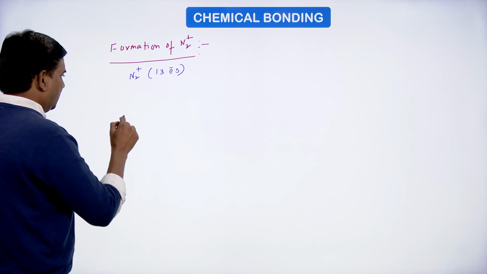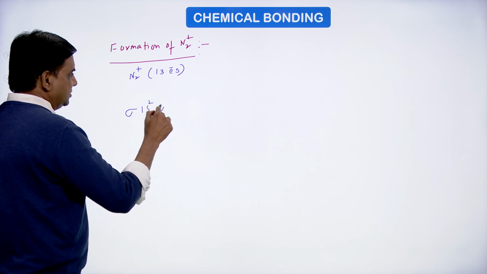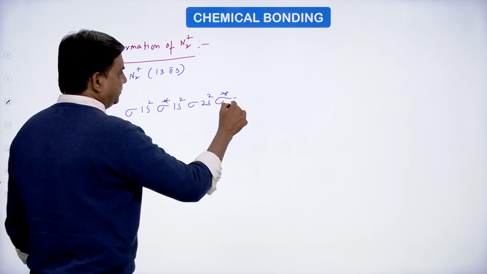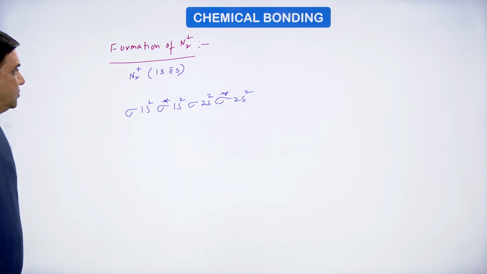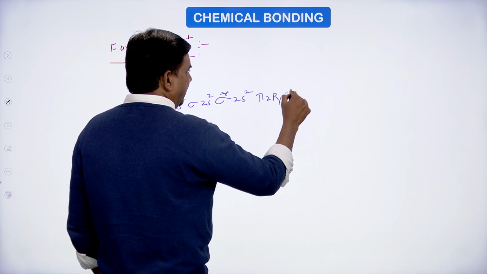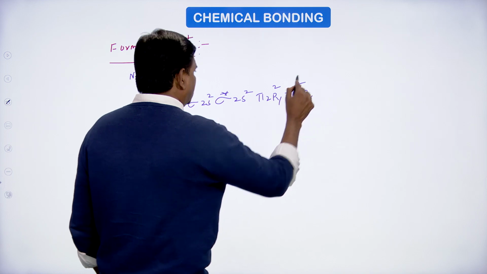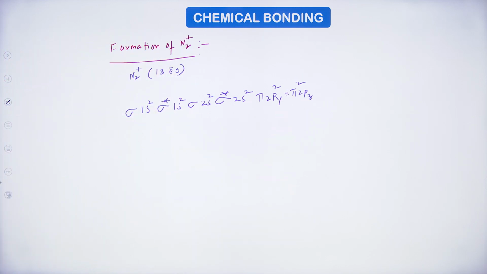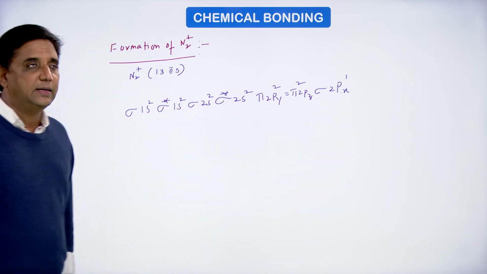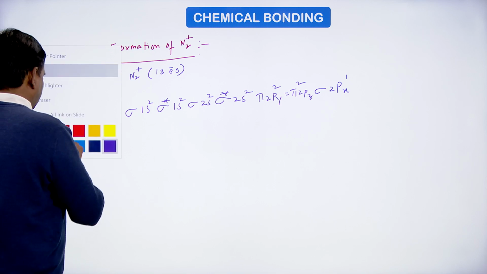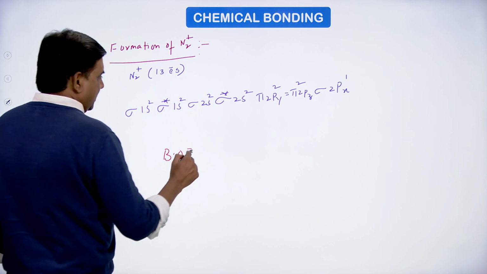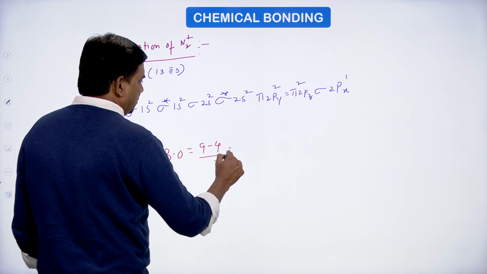13 electrons means the electron configuration would be sigma 1s2, sigma star 1s2, sigma 2s2, sigma star 2s2, pi 2py equal to pi 2pz with 2 each, and sigma 2px1. Now the bond order is equal to 9 minus 4, divided by 2, which is equal to 2.5.